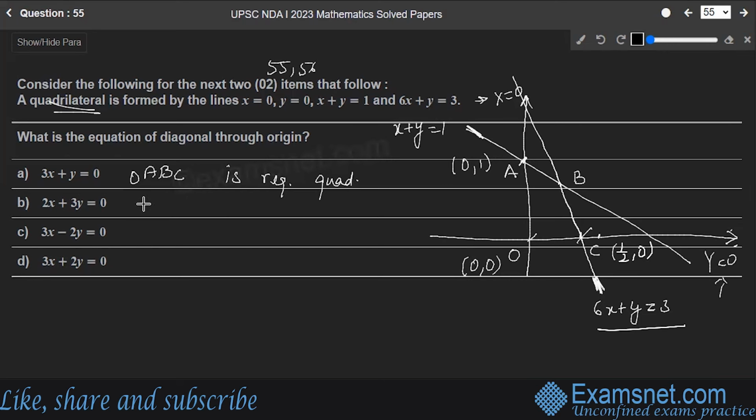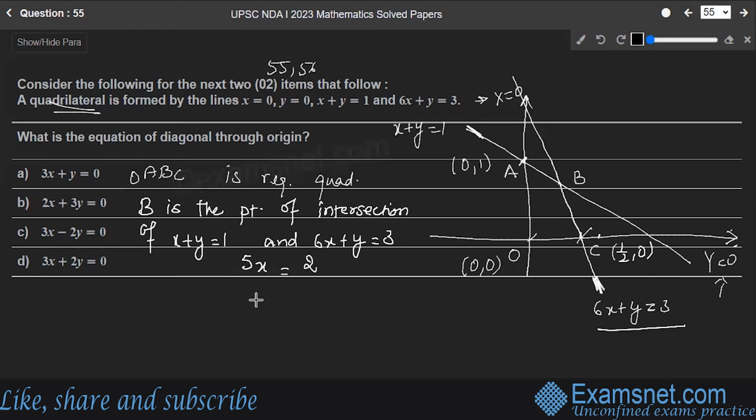And let's talk about the coordinates of B. Now B is actually the point of intersection of the lines x plus y is equal to 1 and 6x plus y is equal to 3. So let's solve it simultaneously. I'm subtracting these two. You will have 5x is equal to 2 or x is equal to 2 by 5. If I'm putting x is equal to 2 by 5, the value of y will be 3 by 5.